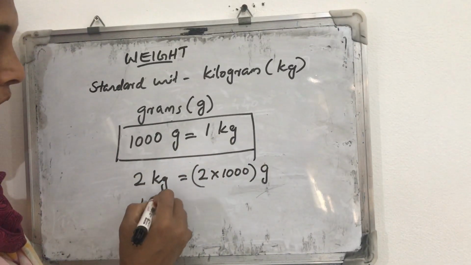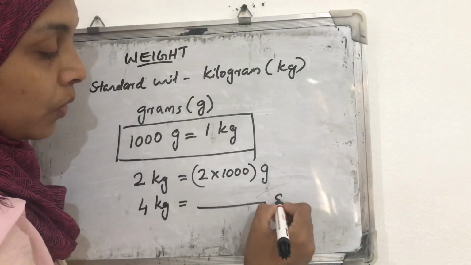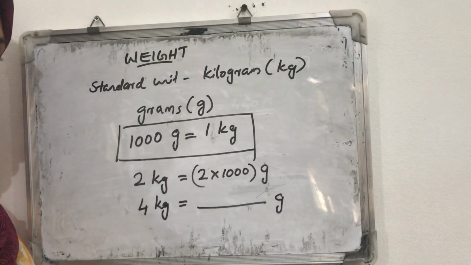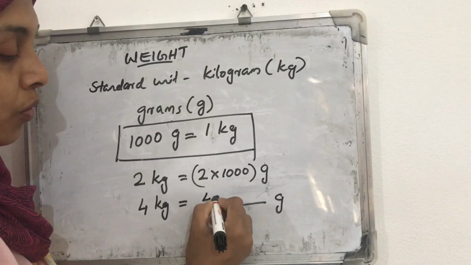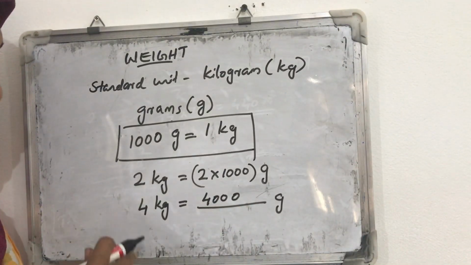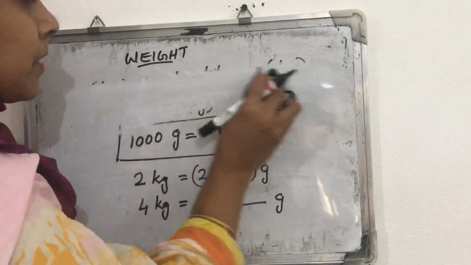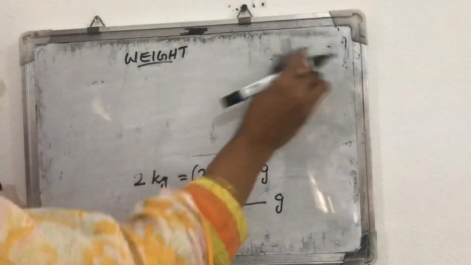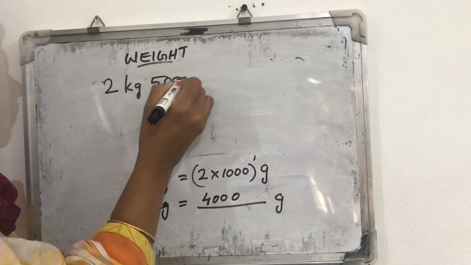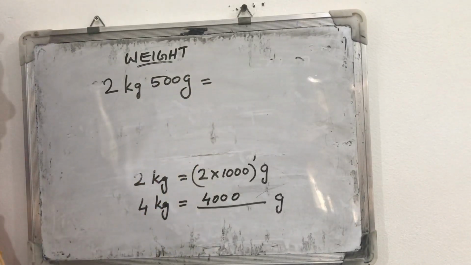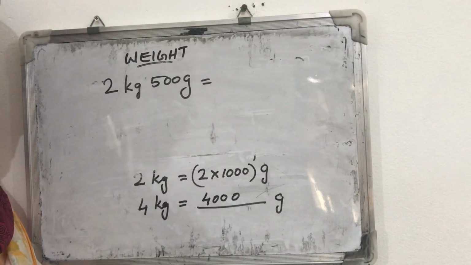So what will 4 kilogram be? 4 kilogram equals how many grams? How can we fill it? 4 into 1000, so it will be 4000 gram. 4 kilogram will be 4000 gram. Just like that, if another measure is given, 2 kilogram 500 gram, when we convert it totally into gram, how many grams will there be?